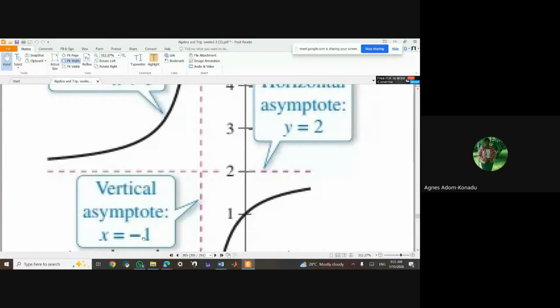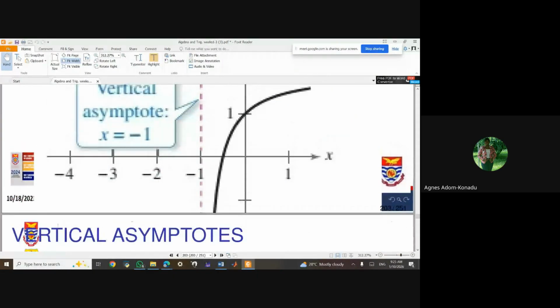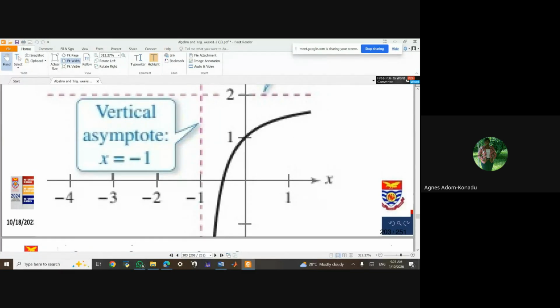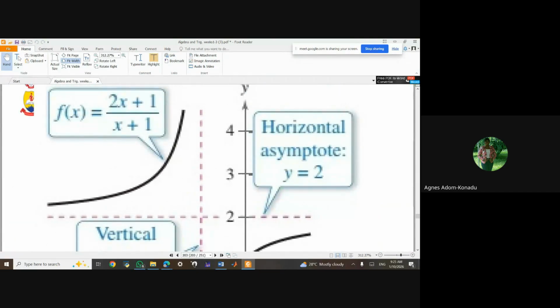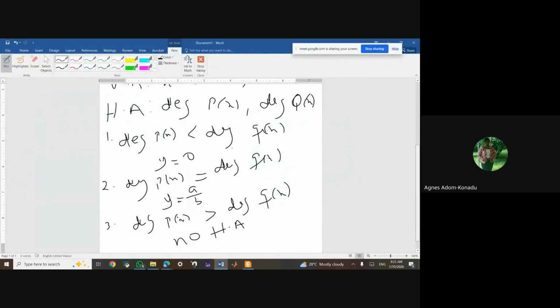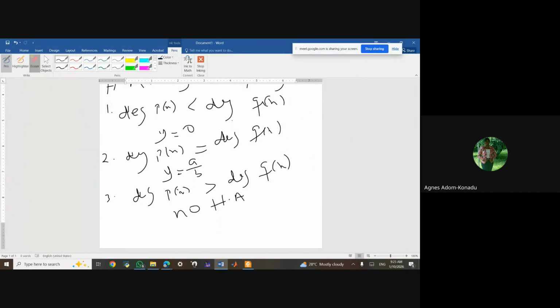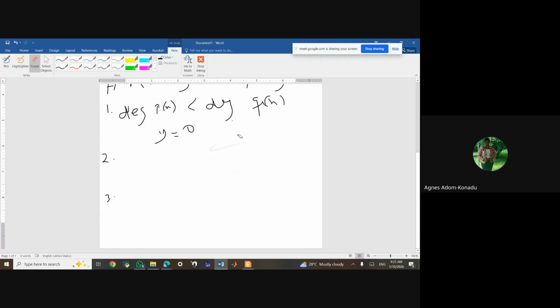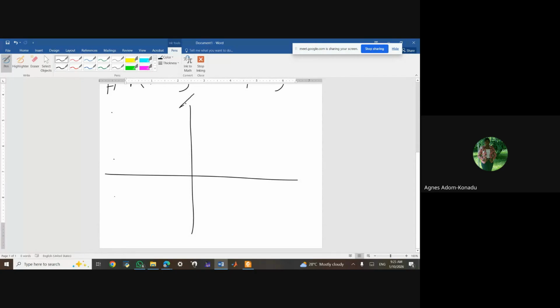So the vertical asymptote is the line s equal to minus 1, and the horizontal asymptote is the line y equal to 2. So you just draw the xy plane.